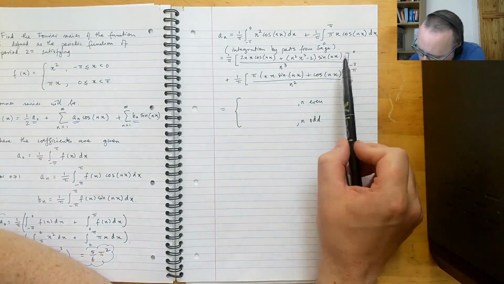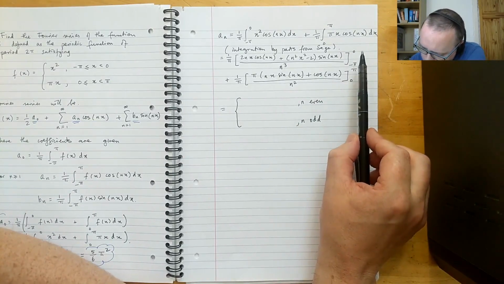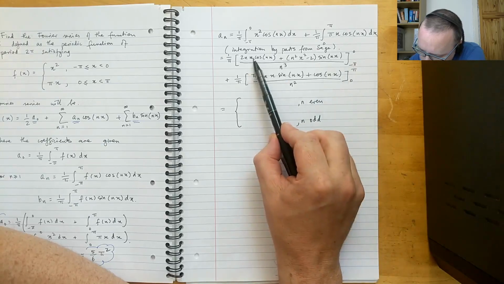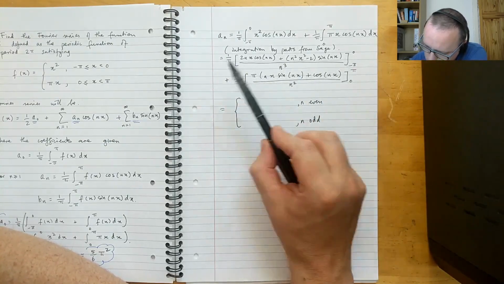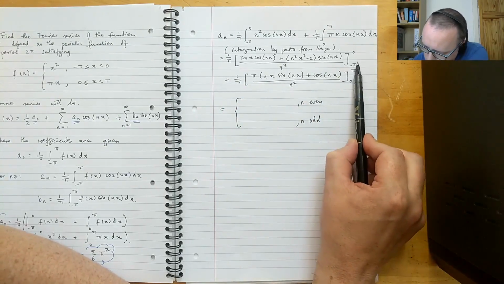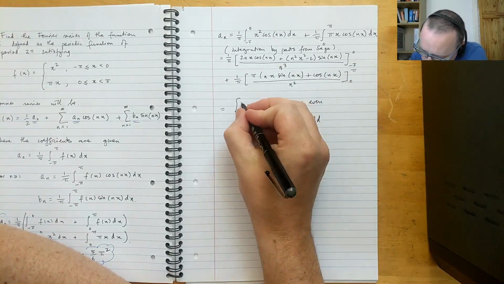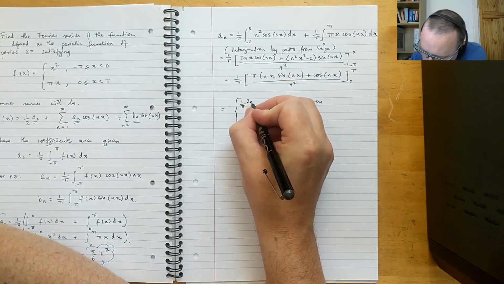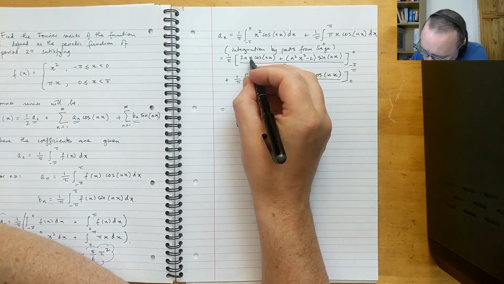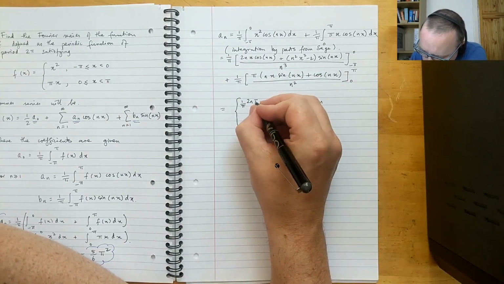So when n is even, again, the sines won't make any contribution. When you evaluate at 0, you see there's a factor x here, so this will rub this out too. So for the first integral, the only non-zero bit you get when n is even is when you subtract the evaluation at minus pi. So that's going to give us 1 over pi here at the start, 2 times n times x evaluated at minus pi, but we're subtracting this because it's the lower limit, so let's just call this a pi.